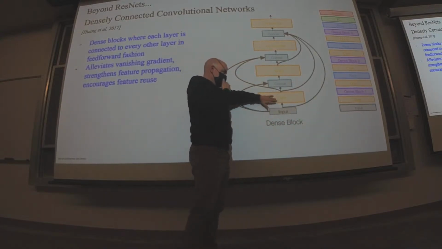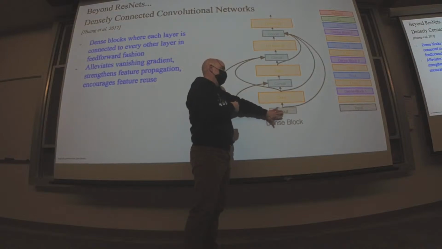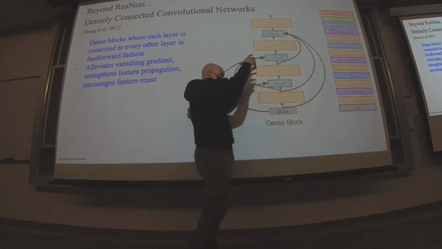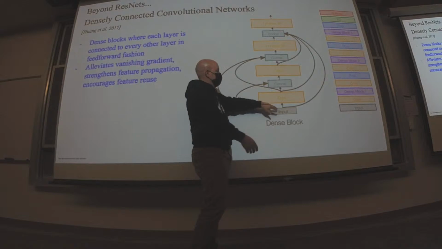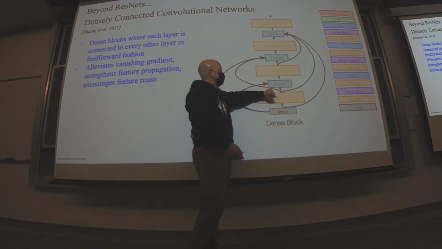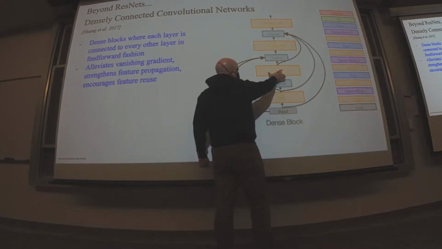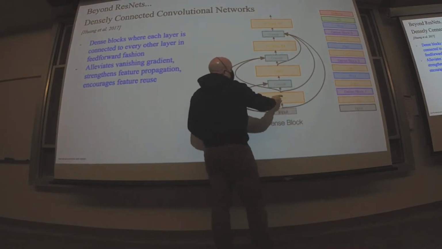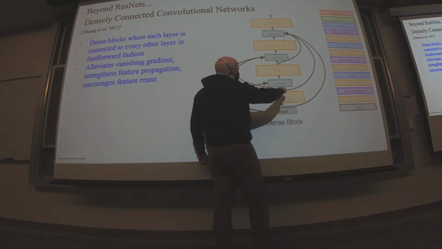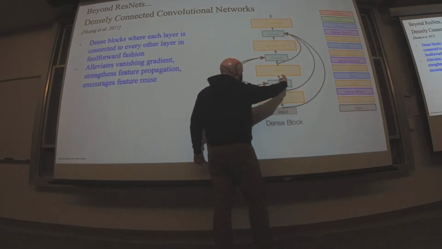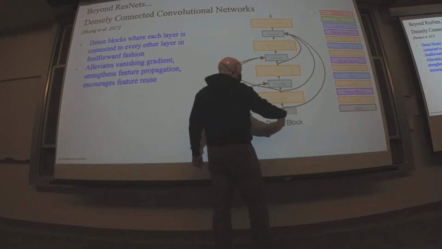How many filters are there here? You're just going to add it to the number of filters here, and you're going to have the same spatial extent feature map, but with more filters. And then on that we do a convolutional layer, and again we're going to concatenate with that the input from the previous conv layer and the input from the conv layer previous to that, or in this case just the original input.